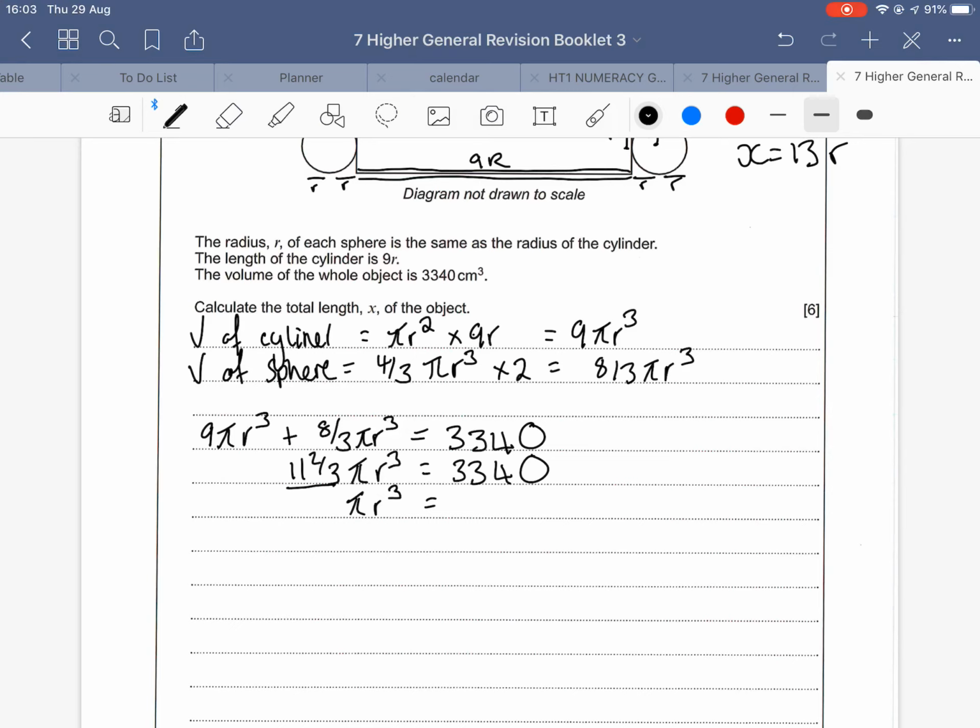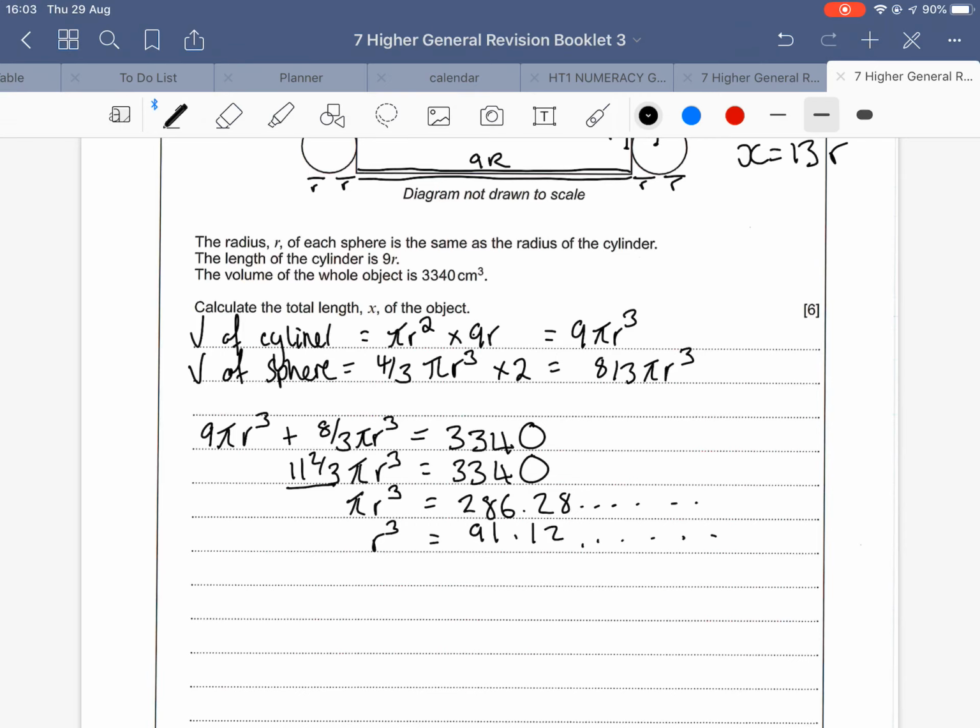Divided by 11 and 2/3, which is 286.28 and so on. I'm just going to keep that on my calculator. Then I divide by pi. Pi is just a number, so just divide it by pi. I'm going to use the pi button, so answer divided by pi gives me 91.12 and so on.